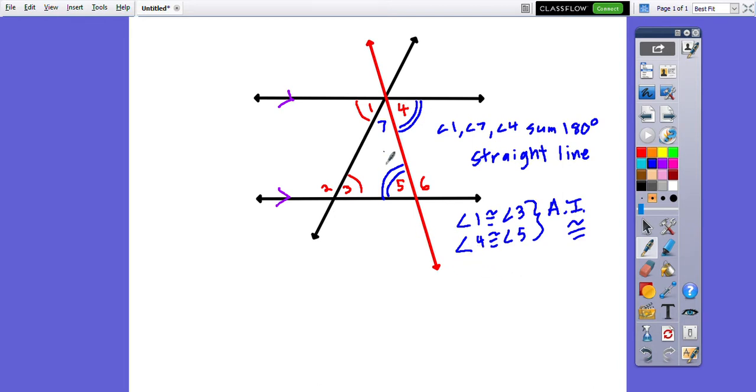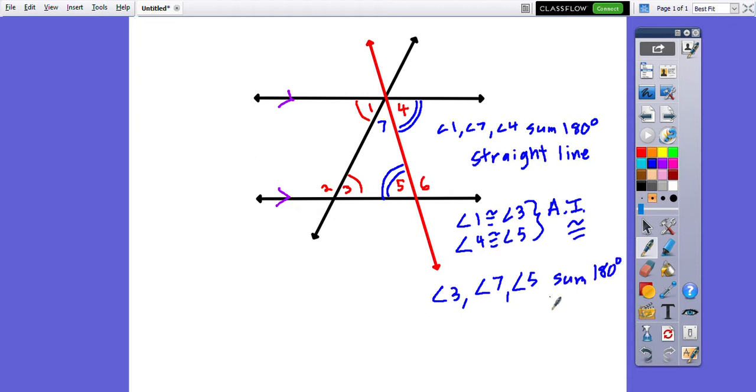All right, now, what do we know about the angles of a triangle? Do we know what they add up to? Some of you may already know, but this is kind of proof that they do, because look, 1 and 3 are the same, 4 and 5 are the same, which means that if I do substitution and plug in angle 3 for angle 1, still got angle 7 up there, and plug in angle 5 for angle 4, they must also sum to 180.